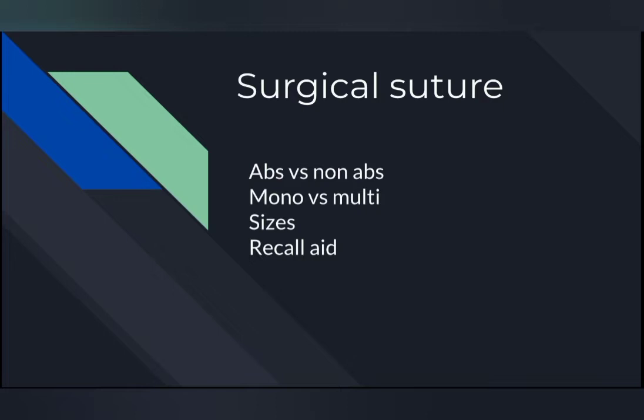Another form of classification when it comes to surgical sutures is monofilament or multifilament. What it basically means is monofilaments are just one single thread, while multifilaments are braided together. Like you see, the ladies would be braiding their hair; they'll be braided together. So, what is the significance of this?